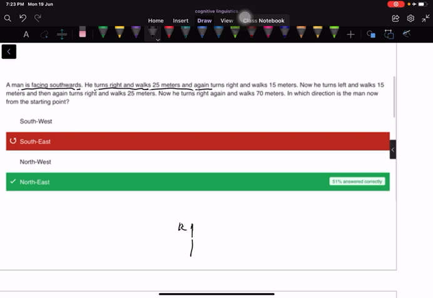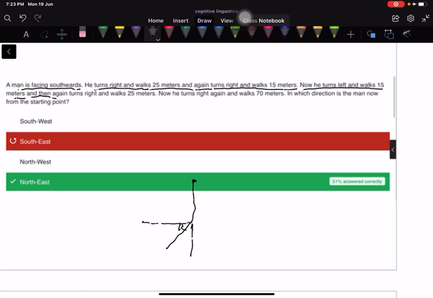So he turns to right and walks 25 meters, or let's say 25 meters over here. And again turns right and walks 15 meters. So this is where, so 15 meters, right? Now he turns to the left and walks 15 meters. He turns to the left. He is here.